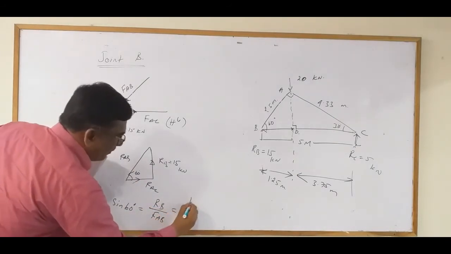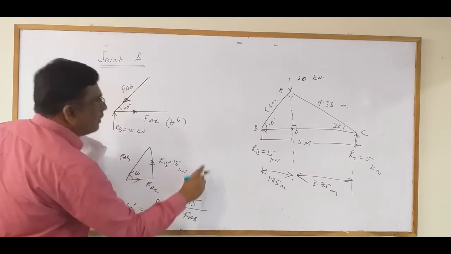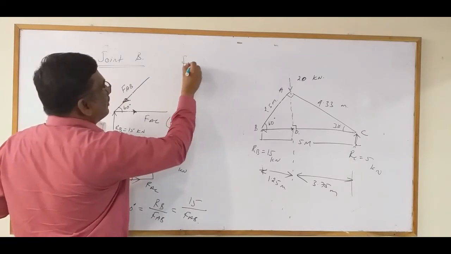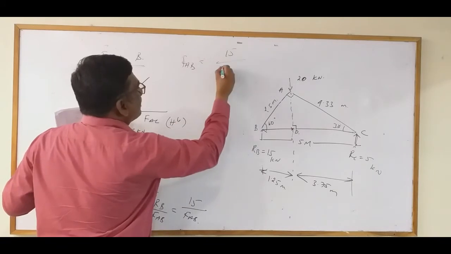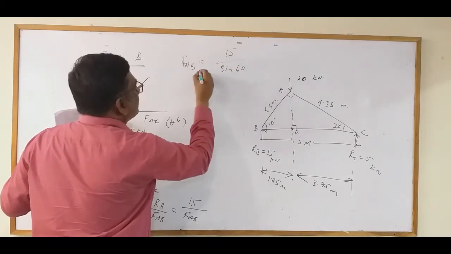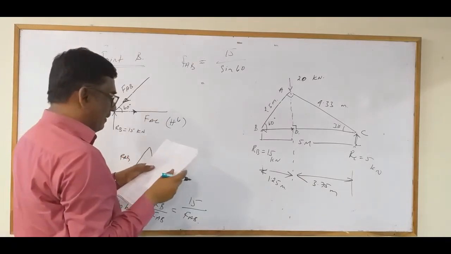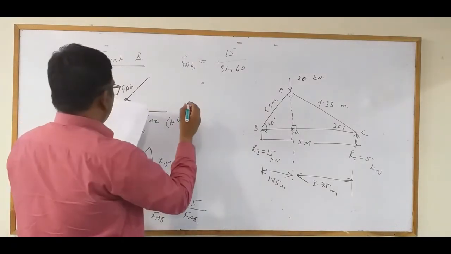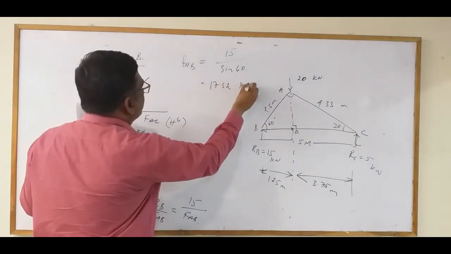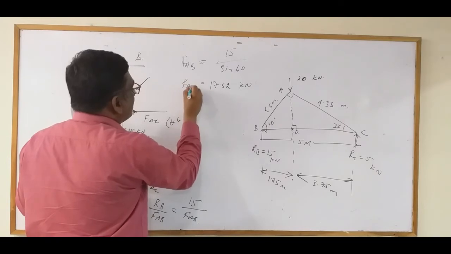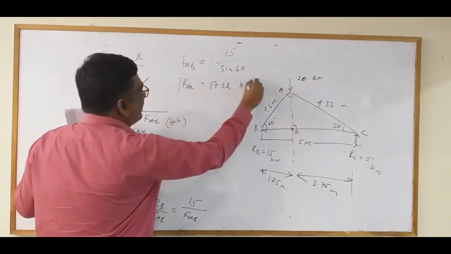Value of RB is 15, so FAB alone, take this one, 15 by sin 60, which is equal to 17.32 kilonewton. Value of FAB is 17.32 kilonewton. So we have found out the value of FAB.